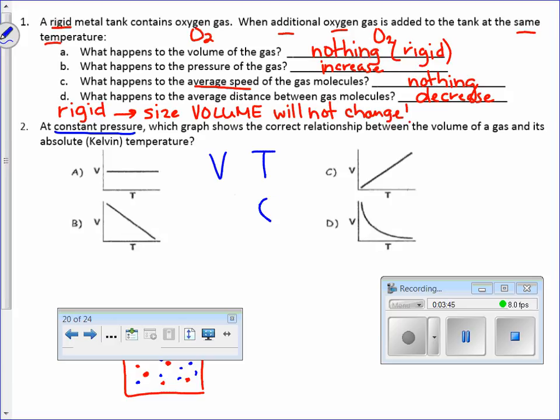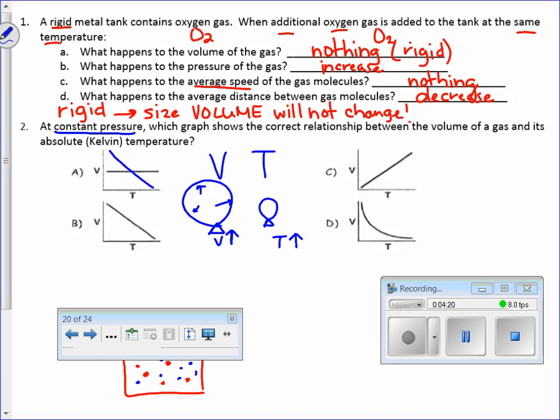If I take a balloon and I heat it up, so the temperature goes up, then the balloon will start to inflate, because the balloon's volume can change because it's elastic, it can stretch. So its volume will increase because the gas has more kinetic energy when the temperature increases. So the volume can get larger. So this is a direct relationship. So I need a graph that shows a direct relationship.